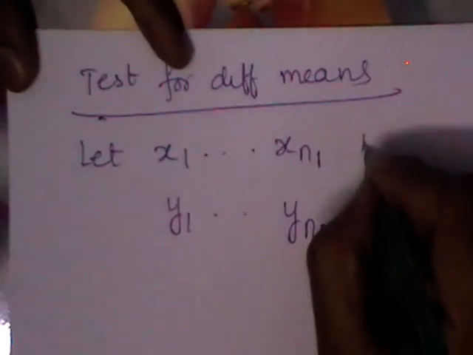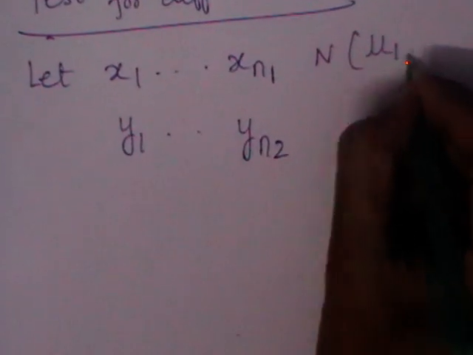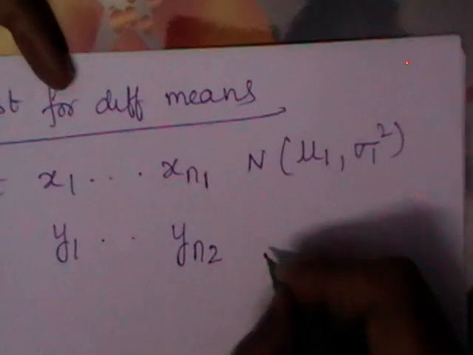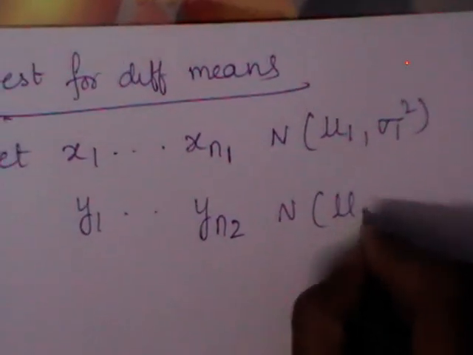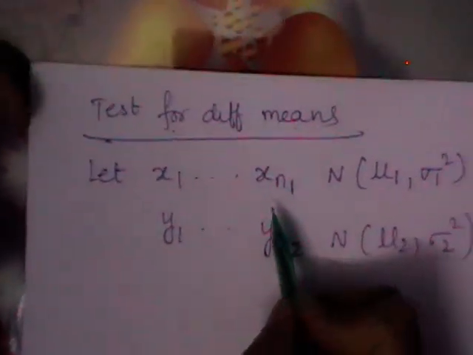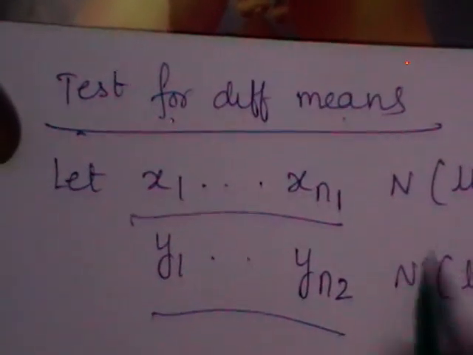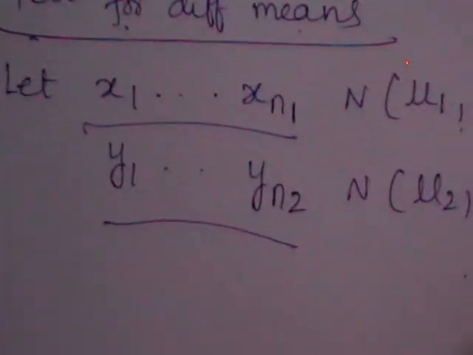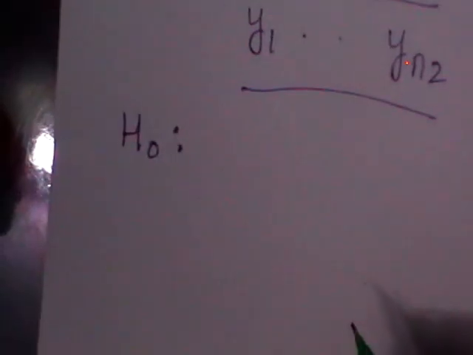Let this be drawn from a normal population with mean mu1 comma variance sigma 1 square. This is drawn from another population with mean mu 2 comma variance sigma 2 square. As this is a test for difference of means, you are going to collect two different samples from two populations with the corresponding parameters. Now after describing the data, you should write the null hypothesis.